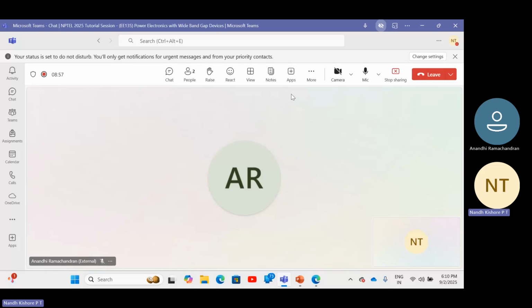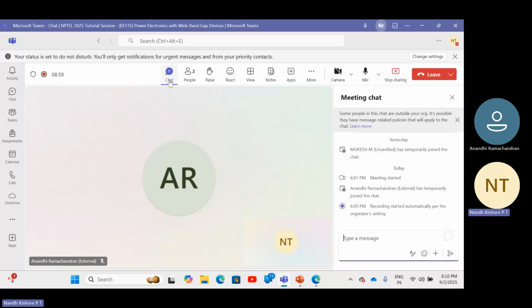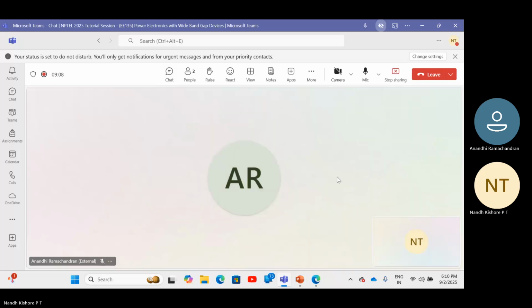Okay, or you can also write in the chat box. It's fine.